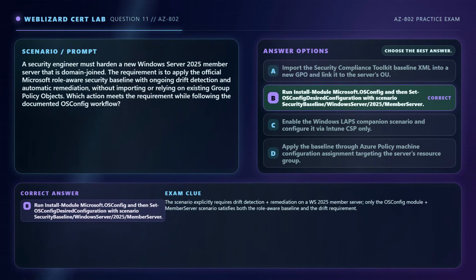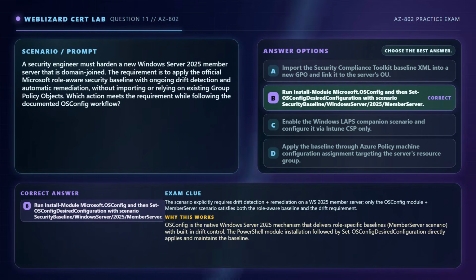The correct answer is B. Run Install-Module microsoft.osconfig and then Set-OSConfigDesiredConfiguration with scenario SecurityBaseline/WindowsServer/2025/MemberServer. OSConfig is the native Windows Server 2025 mechanism that delivers role-specific baselines, the member server scenario, with built-in drift control.